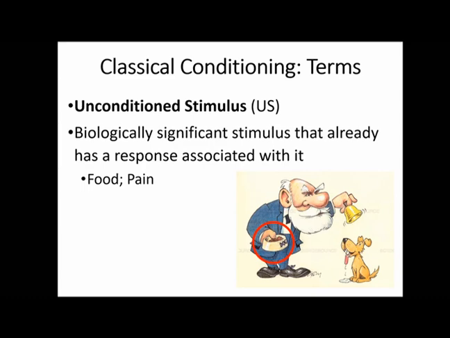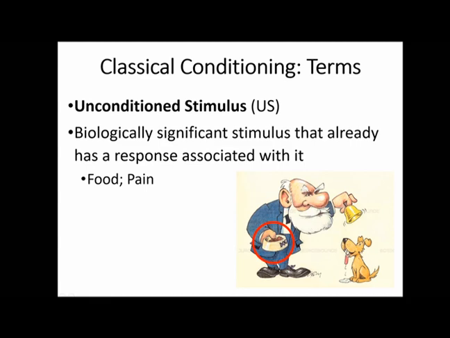Really common unconditioned stimuli are going to be food or pain. If you give a dog a bowl of food, you don't have to teach the dog to start salivating. They're going to salivate because it's food and they're eating it. If you expose someone to pain, they're usually going to pull back from it.